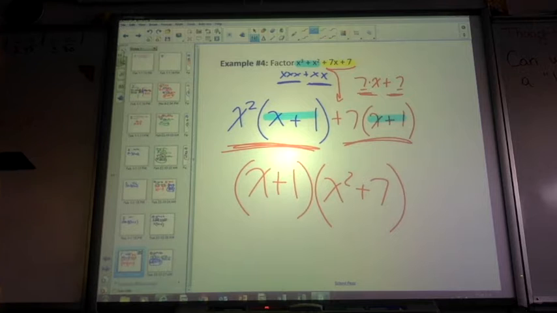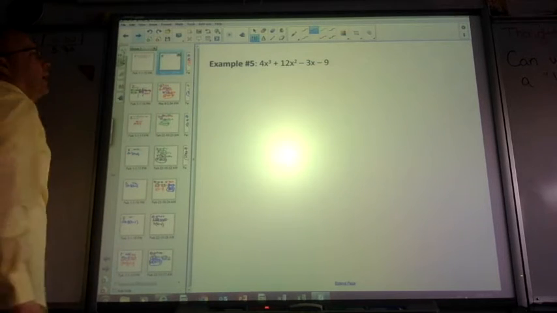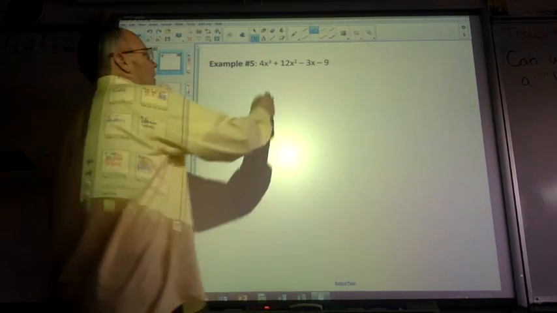Are you all ready for the very last example? Here we go. All right. I have 4 terms. Agree?